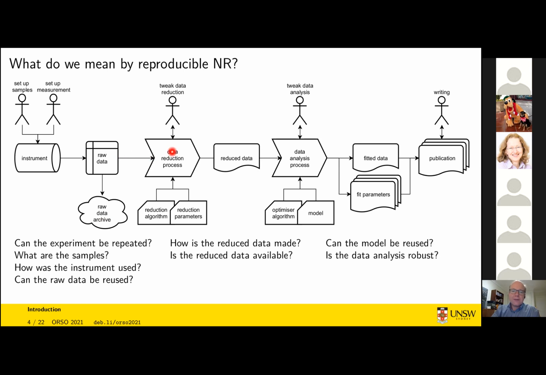Now, we then have this process called data reduction, and that's normally performed at the facility, usually under strong supervision by the instrument scientist, making sure that the correct parameters go into the reduction algorithm. And these might be parameters such as the wavelength range for a time of flight instrument. What wavelength range is going into the reducer?